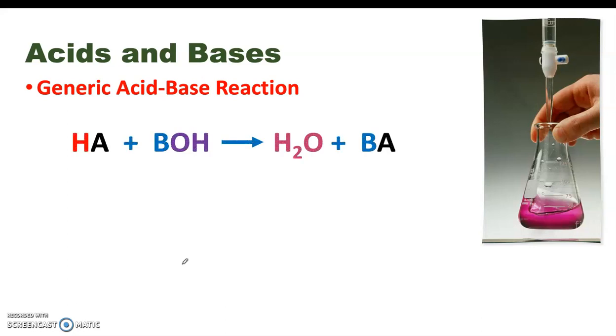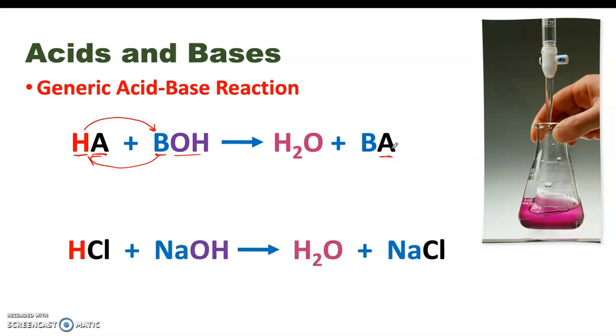The generic acid-base reaction is this, where you've got HA, so A is your anion that's attached to the H+, and then you've got your cation, B, that's attached to an OH group. When they react, the H and the B, you can say they switch spots. So the H is with the OH, which makes water, and then the B is going to be with the A there.